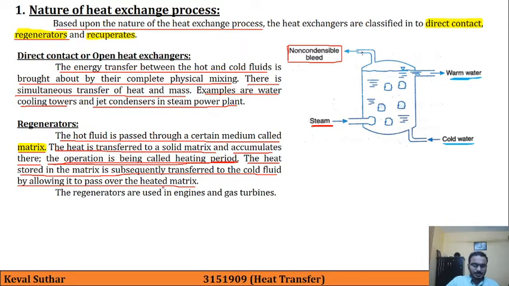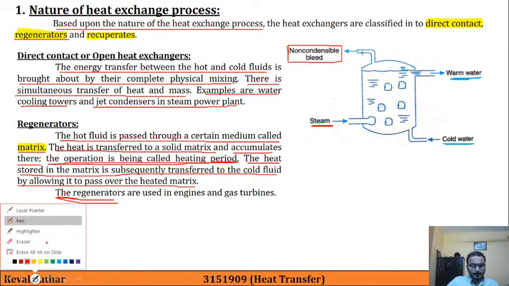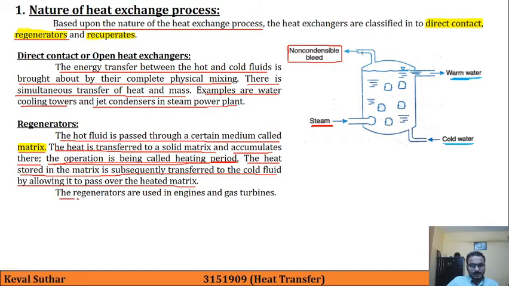The regenerators are used in engines and gas turbines.